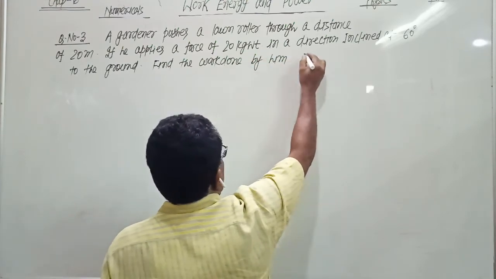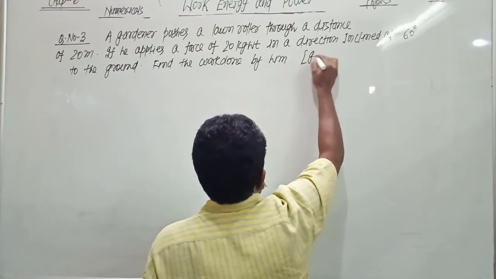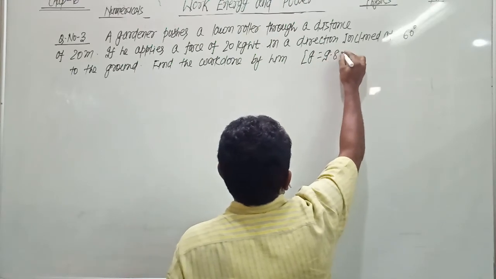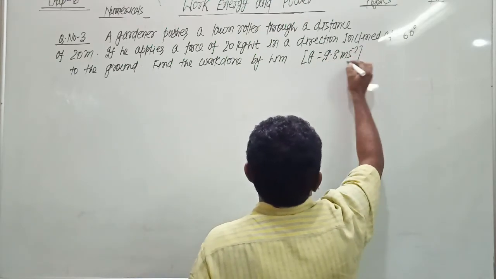The value of g is given: 9.8 meter per second square.